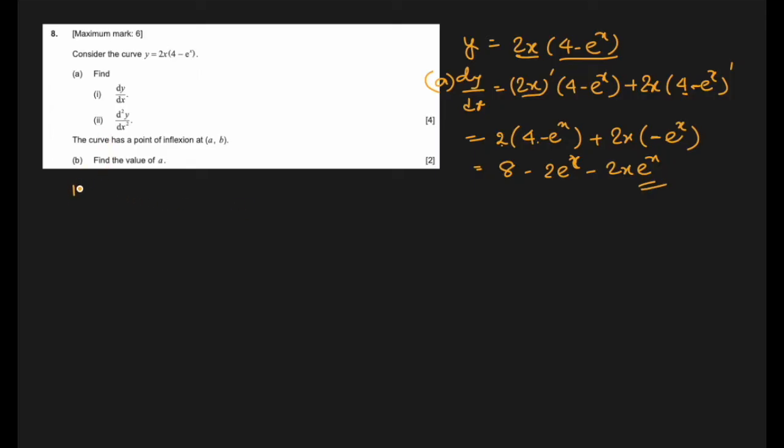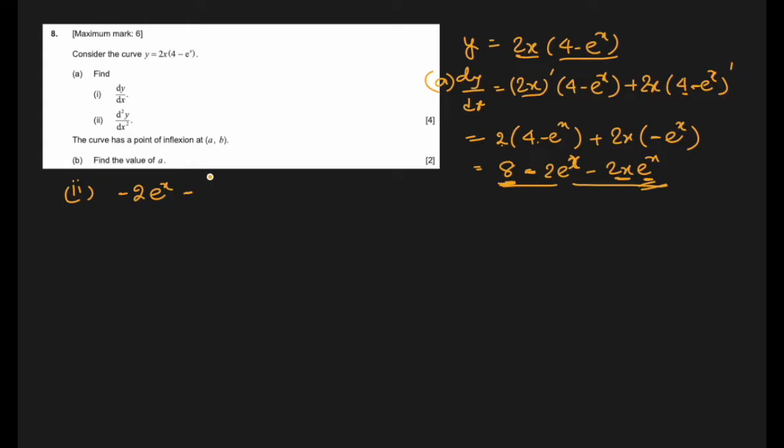Second is find d²y/dx². That means the second derivative of the same function. So we'll differentiate this one. Differentiation of 8 is 0, so don't even look at it. Next one, minus 2e^x. The differentiation of e^x is e^x itself. Then again two parts are multiplying, so we'll have to use the product rule in this.